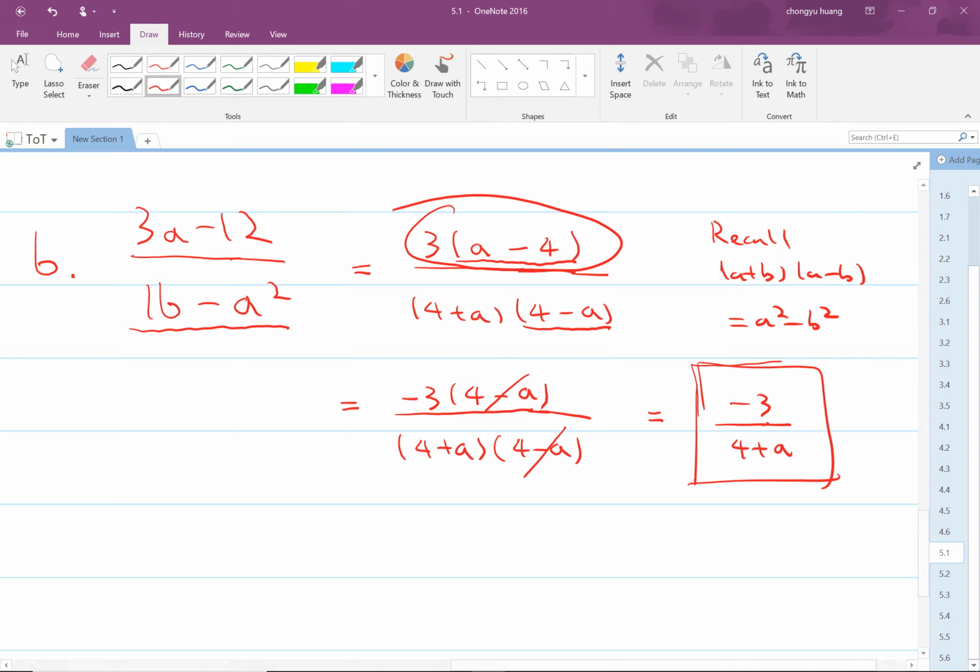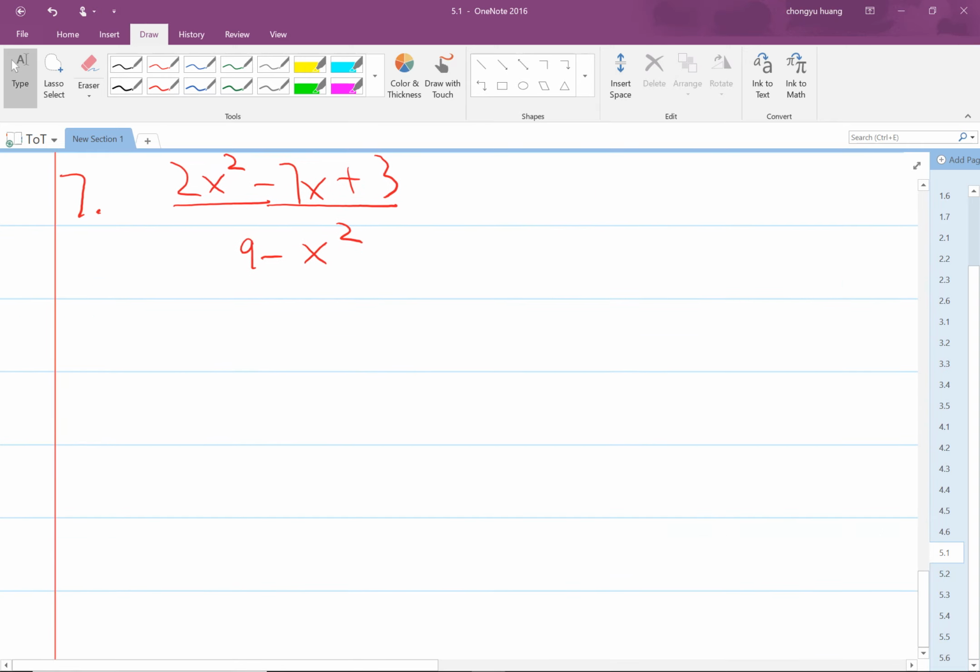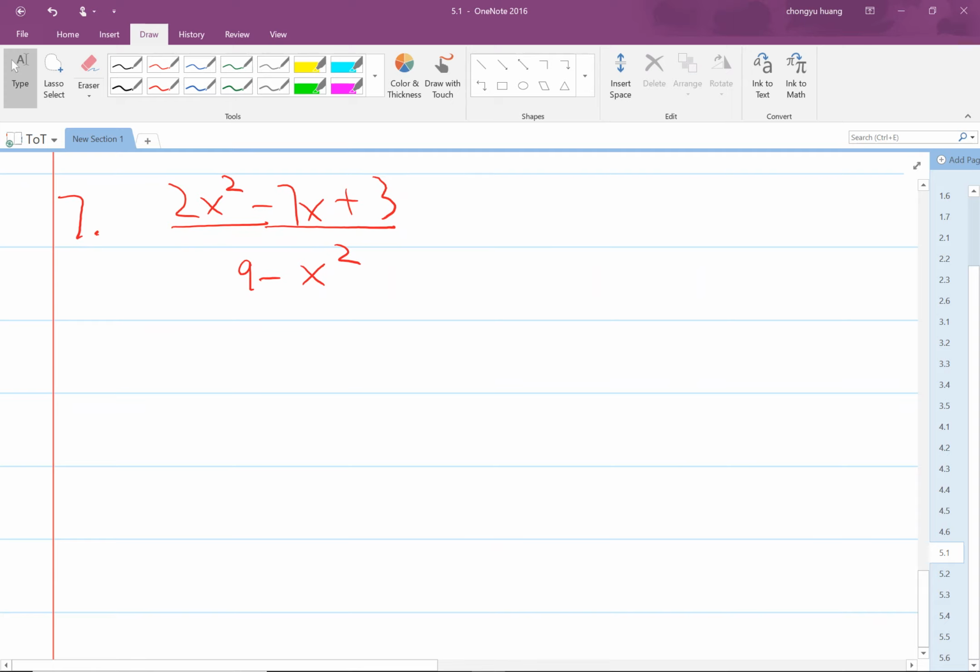Let's move into question 7. Not many questions left. Again, we want to simplify it, so we have to factor it in order to simplify it, right?